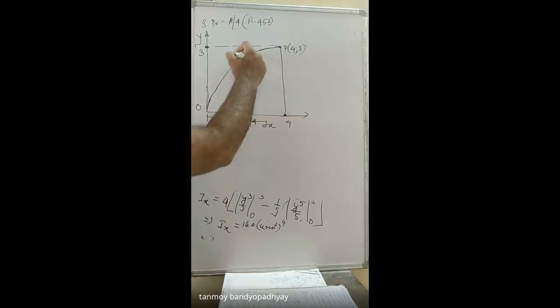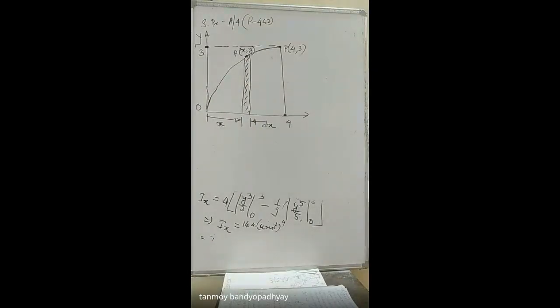We consider a point P having coordinates x comma y lying on the curve at the extremity of the vertical elemental area.